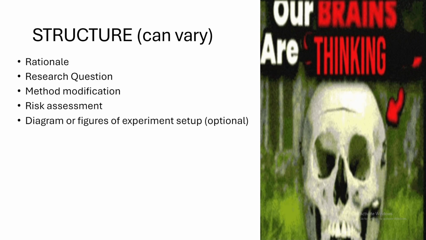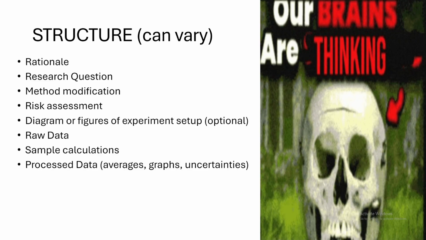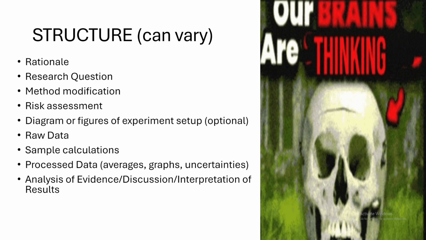essentially just some information on how your experiment was conducted. Then you'll have your raw data, your sample calculations, which are just an example of each major calculation that you do that's related to your data. Your process data, so this is what you're doing when you go into Excel. So you'll have your averages, your graphs, your uncertainties, all of that stuff in there.